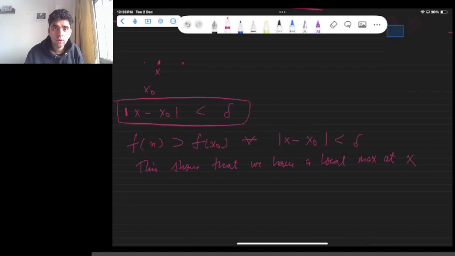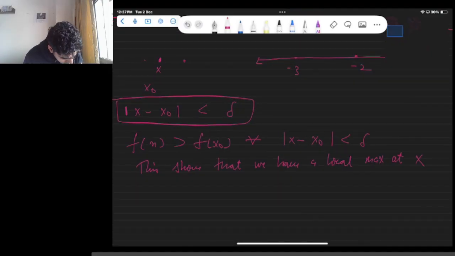So x minus x naught mod. If I have 2 points, -2 and -3, so this is my number line, and this is my x and this is my x naught.